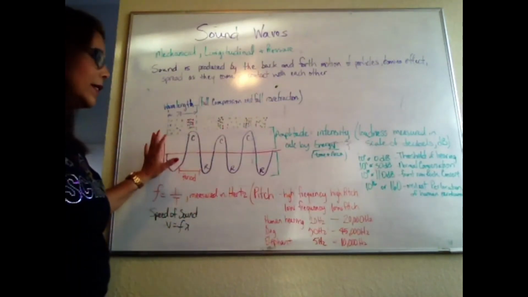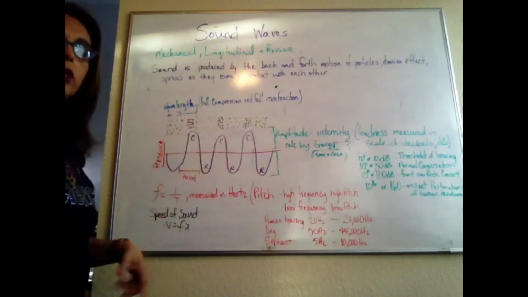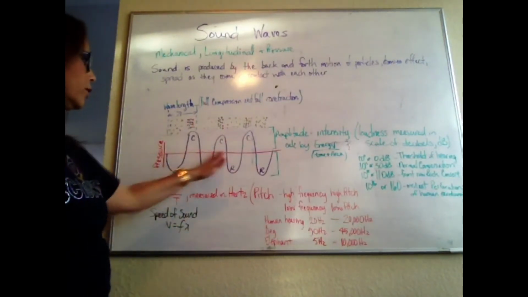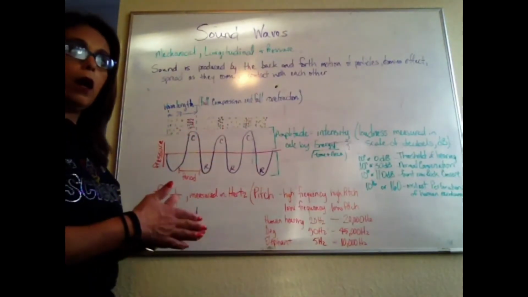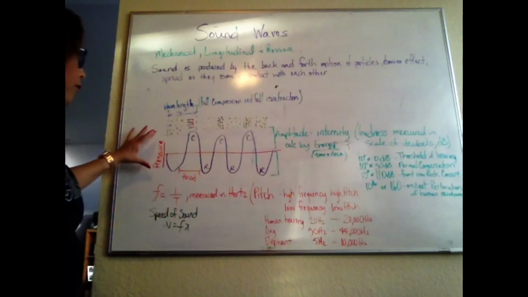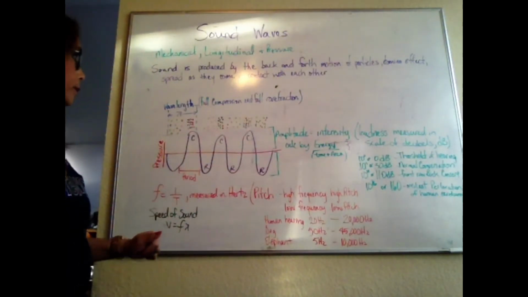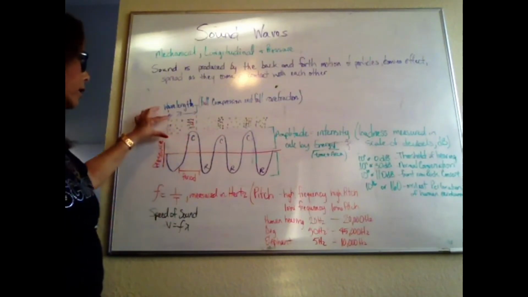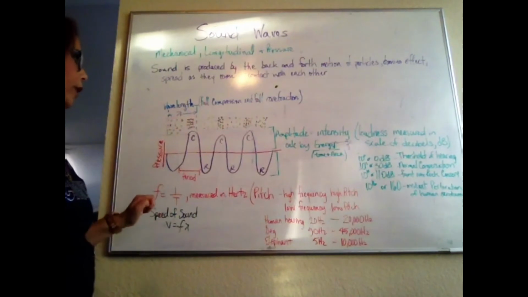Now, it's not the same as transverse waves, but we use this idea to help us understand sound waves, because it's easier to see it this way than to try to see how close together the particles are being squeezed. So we have pressure on the y-axis and time on the x-axis. And so we have the wavelength, like I said: a relaxed area plus a compressed area equals a full wavelength.